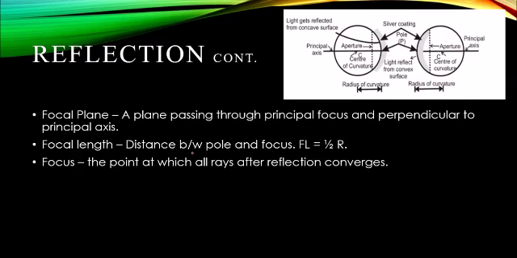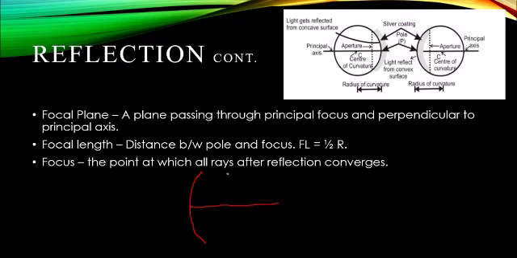Now we will discuss the focal plane. What is the focal plane? It is a plane passing through the principal focus and perpendicular to the principal axis. So if we draw a concave mirror here, light will come from this side and this is the principal axis. What is the focal plane?